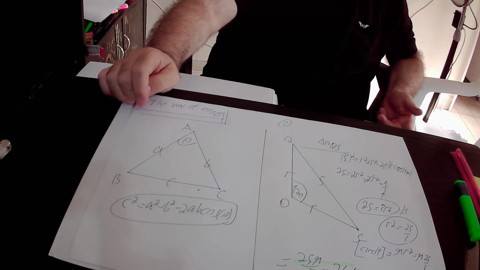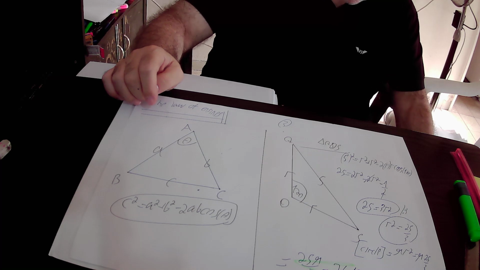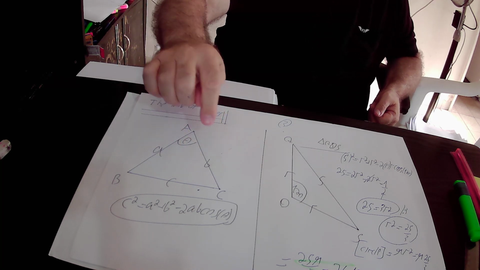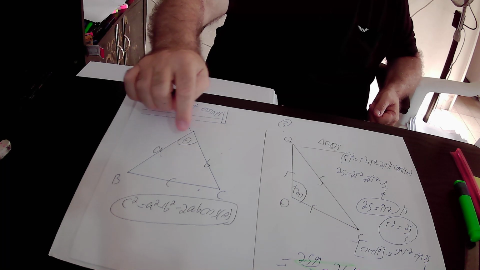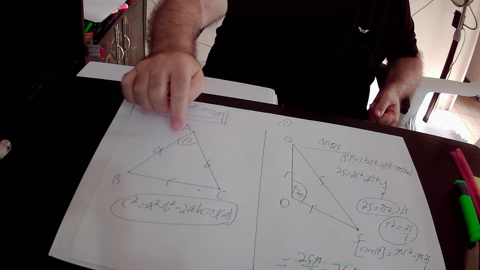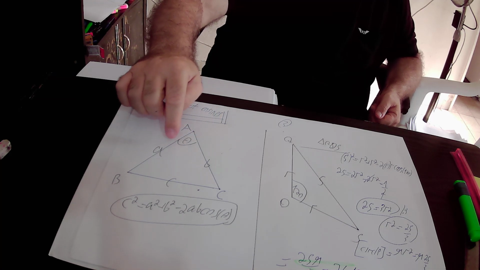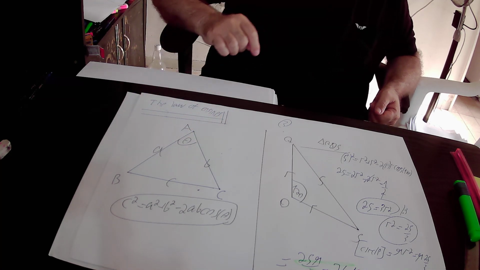Then according to the law of cosines, we get that C squared equals A squared plus B squared minus 2 times A times B times cosine theta. Again, C squared equals A squared plus B squared minus 2 times A times B times cosine theta.